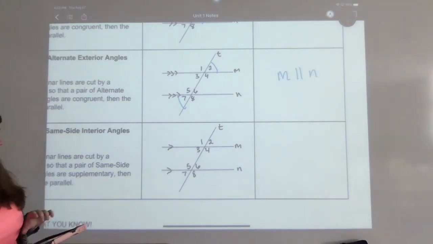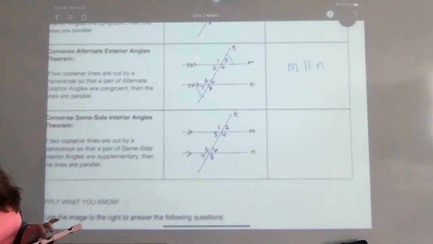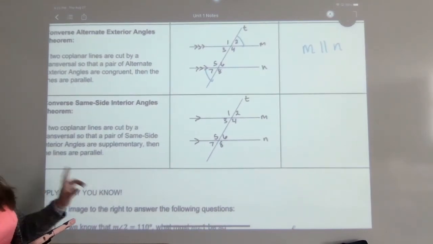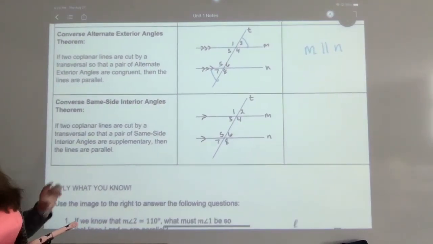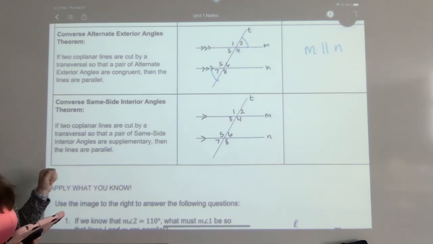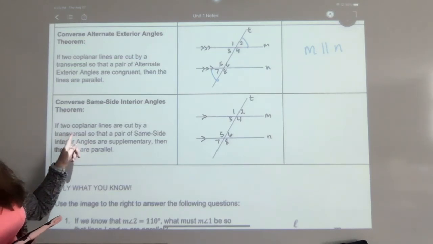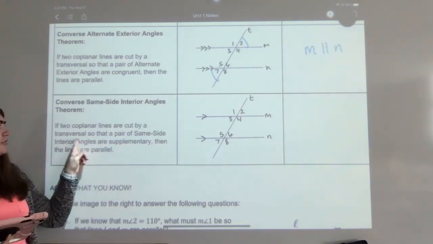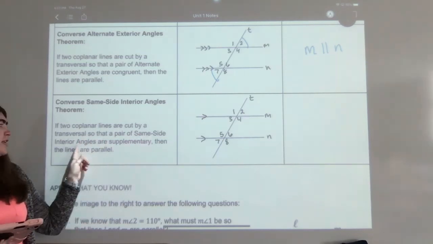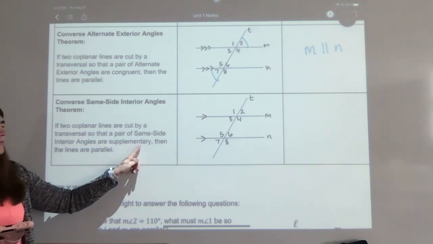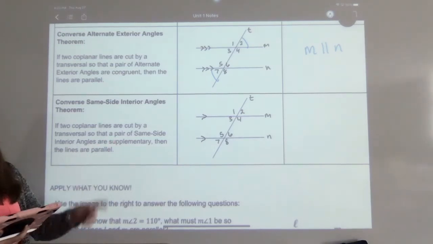All right, so we're starting to see a pattern again, but that's when things change. The converse same side interior angles theorem says if 2 coplanar lines are cut by a transversal so that a pair of same side interior angles are supplementary, then the lines are parallel.